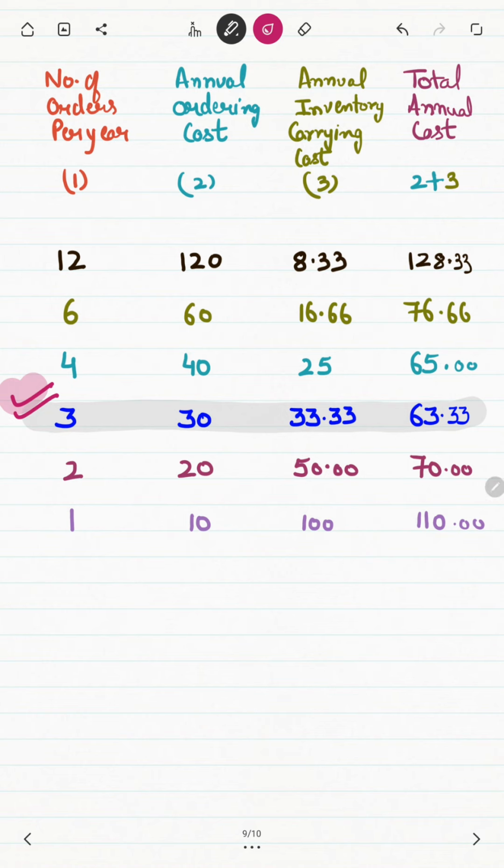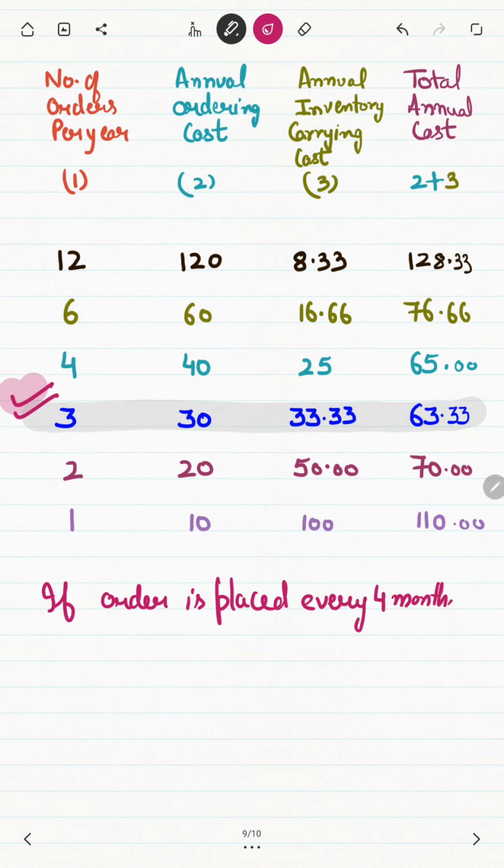So through this we can calculate that if an order is placed every 4 months, we will be having the expenses at the lowest point. So this will be selected as the ordering cost.